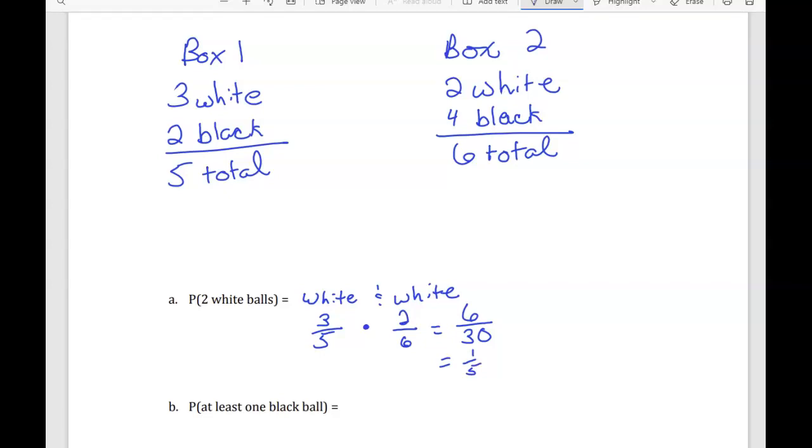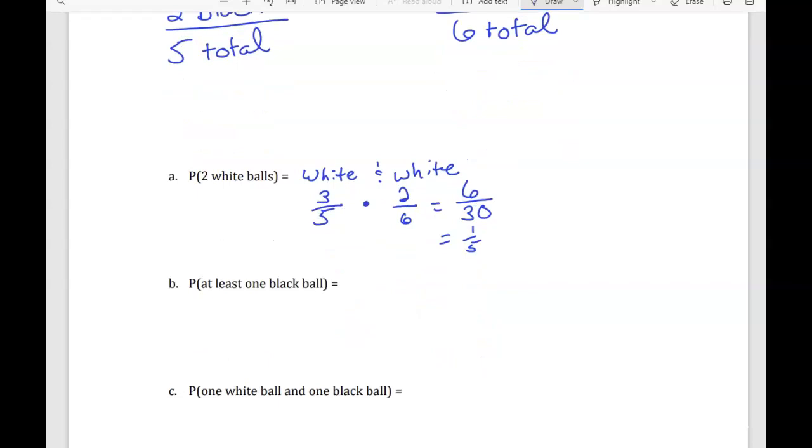Now, the probability of drawing at least 1 black. If we want to draw at least 1 black, that means that the first can be black, second can be white, or the first is white, the second is black, or the first is black and the second is black.